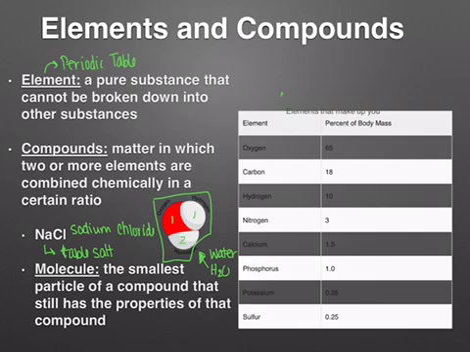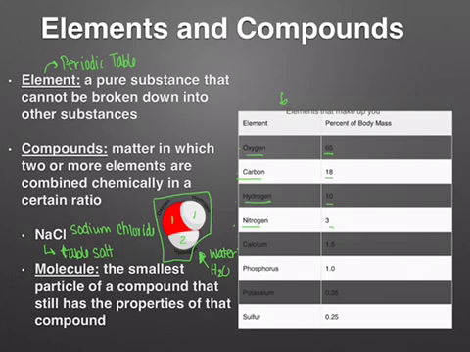If we look at the table over here, we can see 8 different elements listed, and these are the elements that make up the human body. The human body is 65% oxygen, 18% carbon, 10% hydrogen, and 3% nitrogen, and so on down the line.